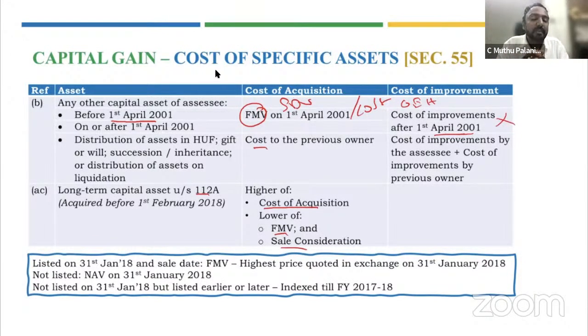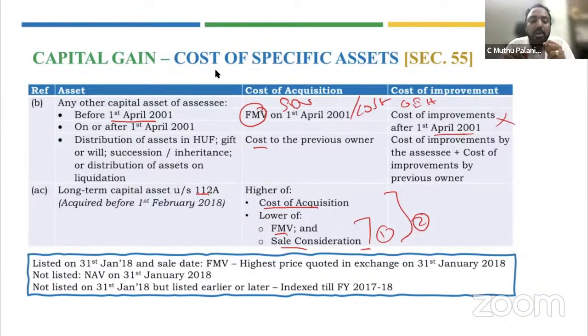Here also, higher of cost of acquisition and lower of fair market value and sale consideration. Step 1 is this. Step 2 is this. So first I take the lower of fair market value or sale consideration, then I take the higher of cost of acquisition.